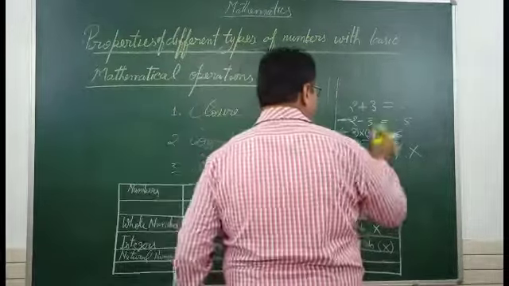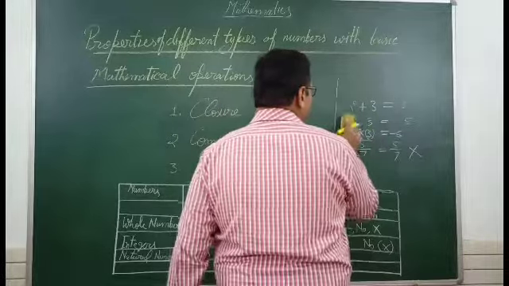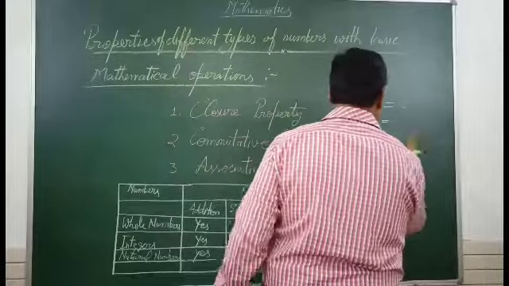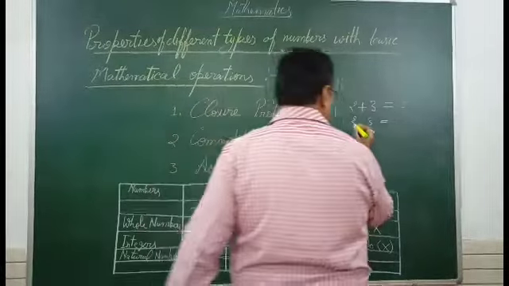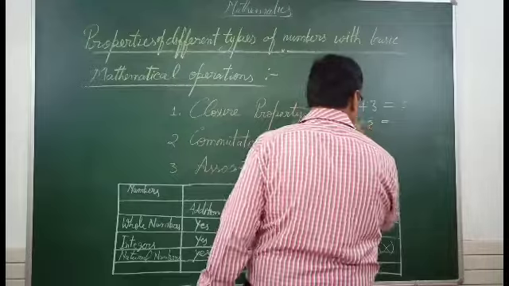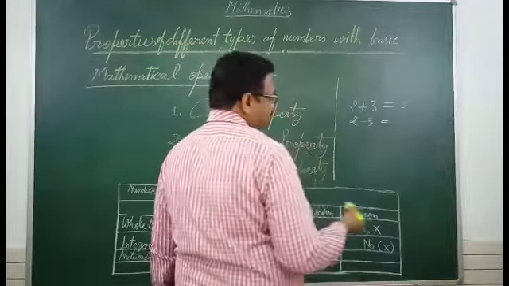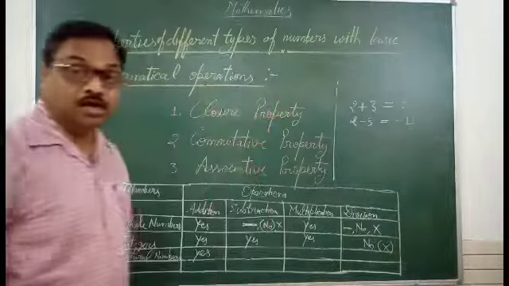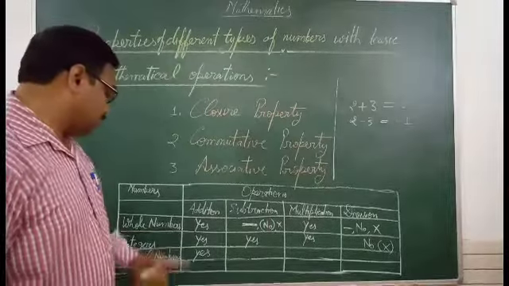Under subtraction, natural numbers will not be closed, because when you do the subtraction 2 minus 3, it becomes minus 1, which is an integer, not a natural number.